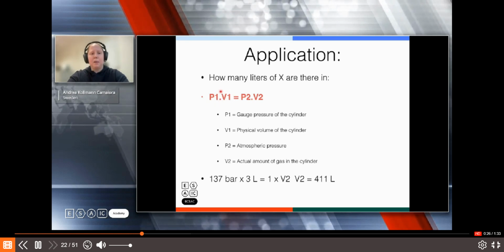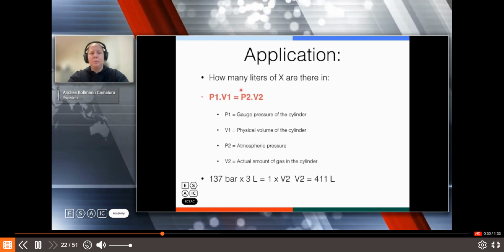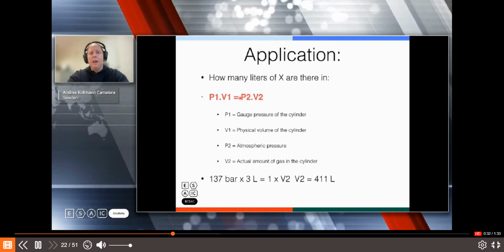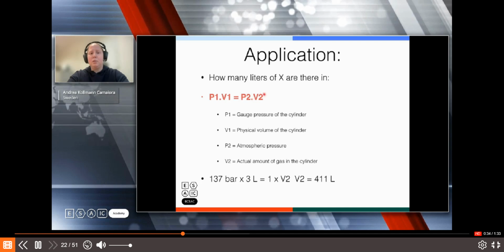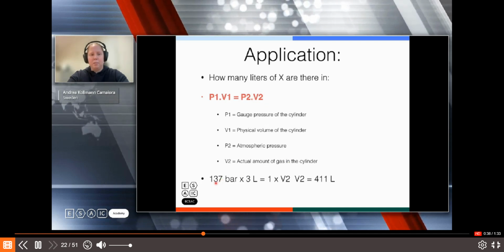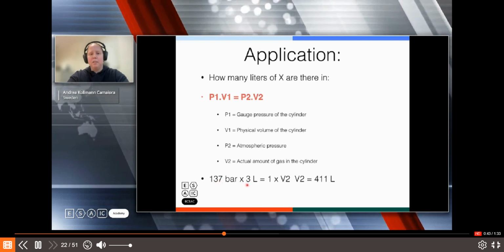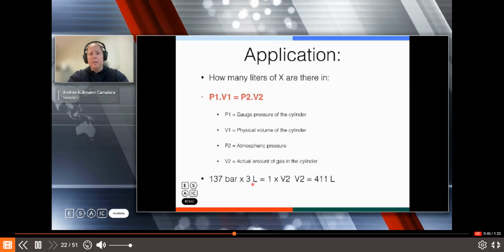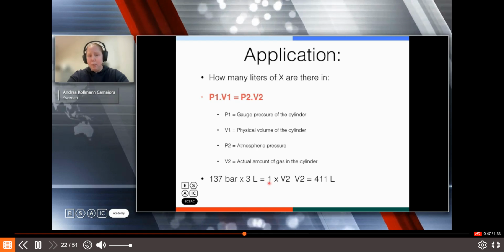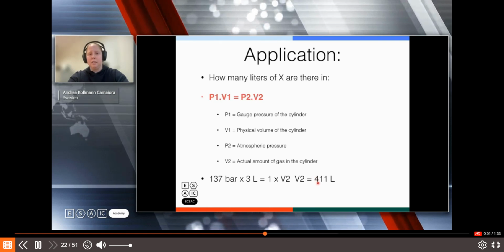This is the capacity of the cylinder in liters, and this is the atmospheric pressure. And this is the actual amount of gas in the cylinder. So we'll do this multiplication. If I have 137 bars and my cylinder is a little one of 3 liters, the atmospheric pressure is 1 bar, how many liters are there? Well, there are 411 liters in the cylinder.